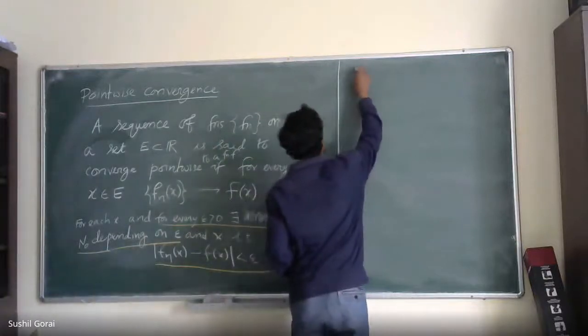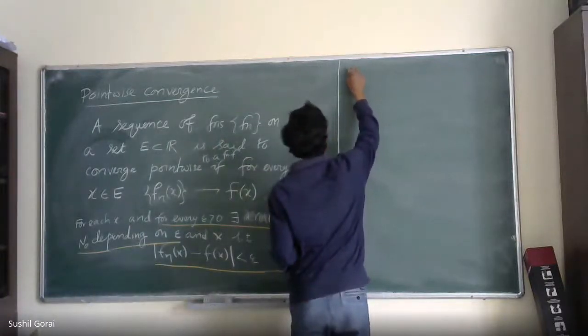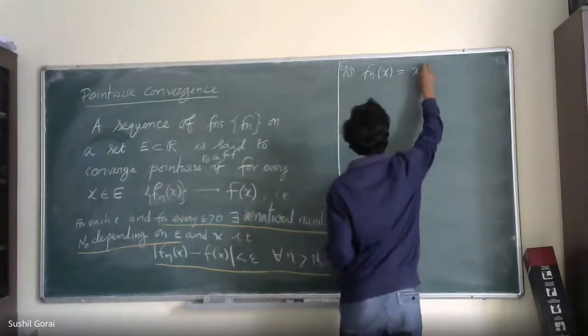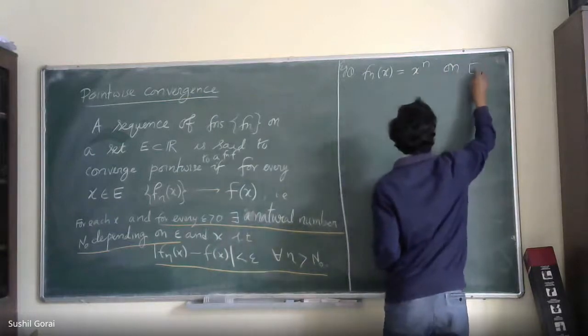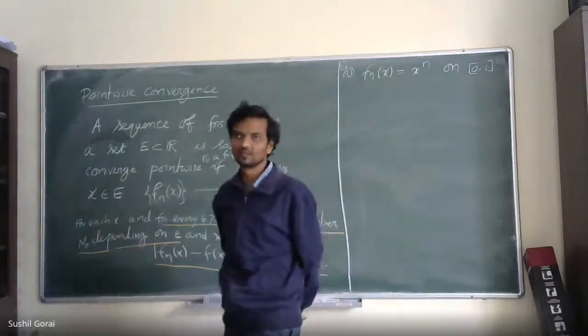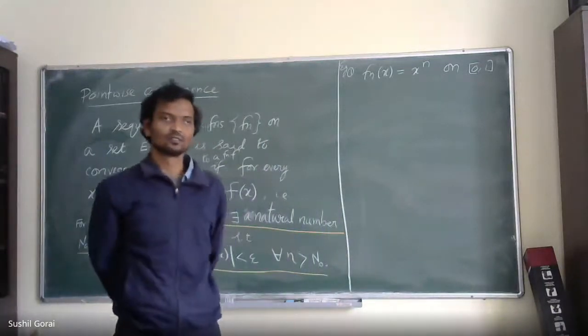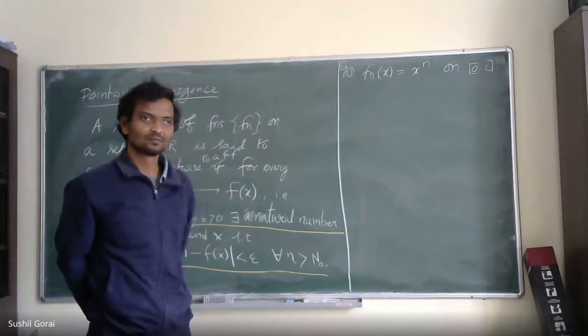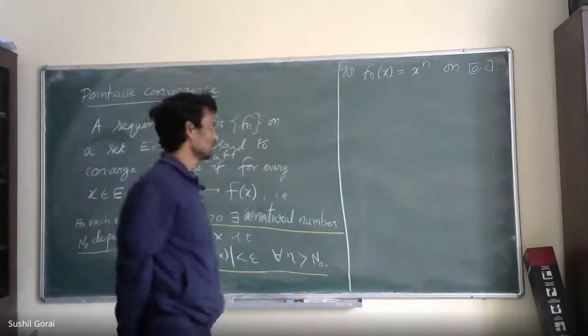For examples, let me go back to example 1. Fn x equal to x to the power n on 0, 1. Right? So this converges pointwise. Alright?